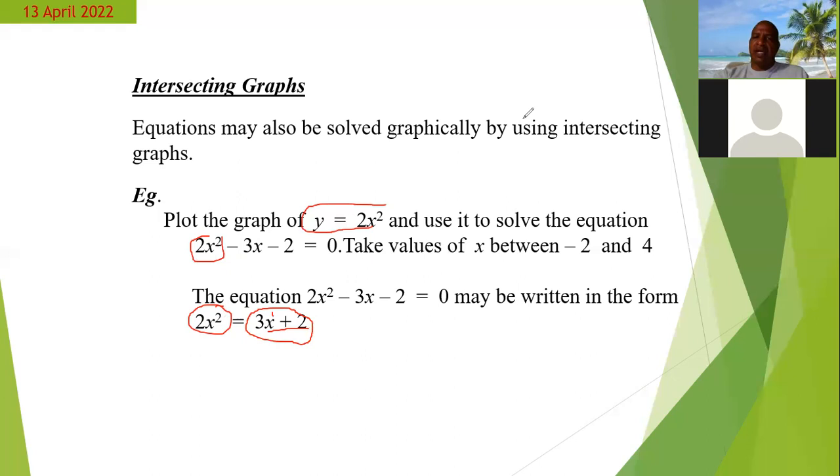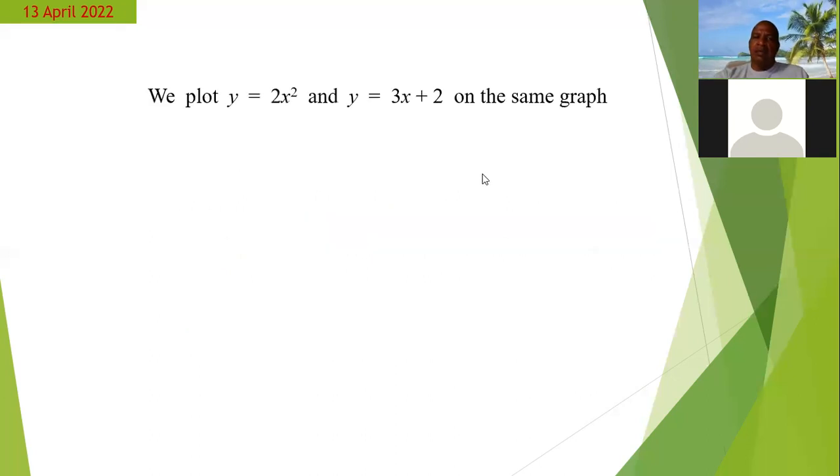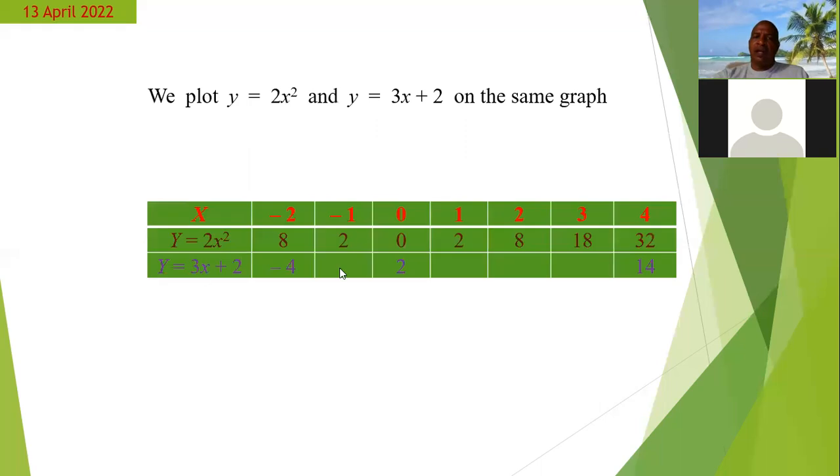All right, so with that in mind, we would actually calculate the values based on these two calculations. So we calculate values for 2x squared, and then we calculate 3 values for 3x plus 2.